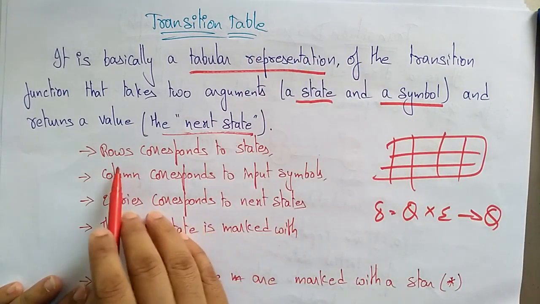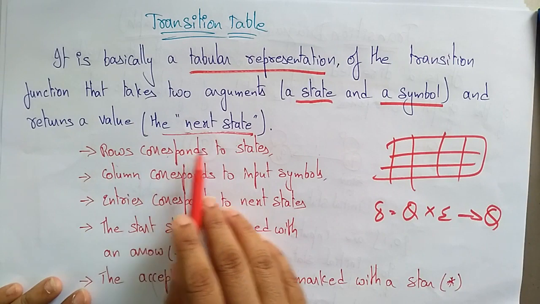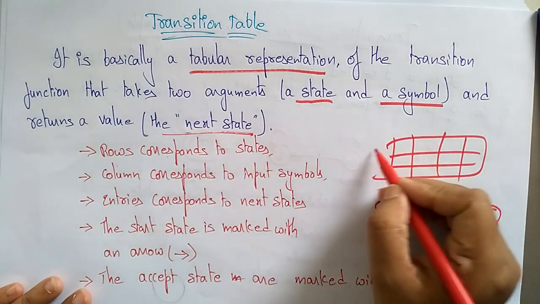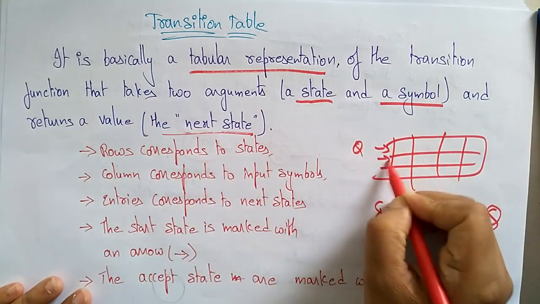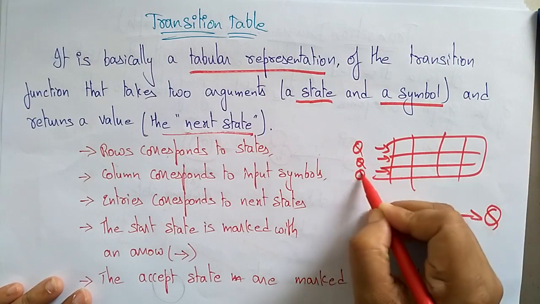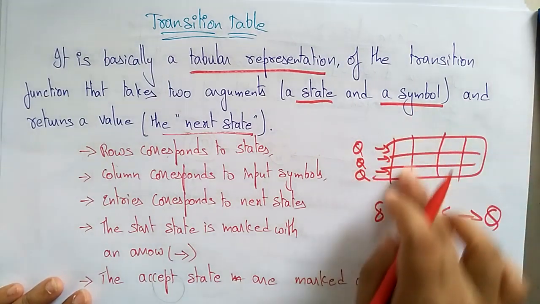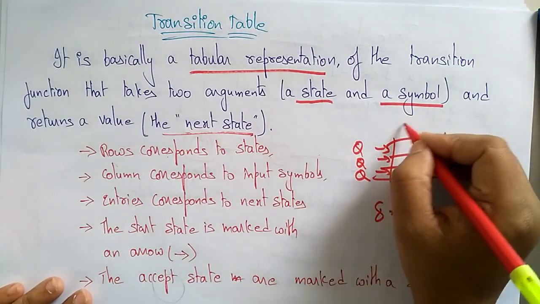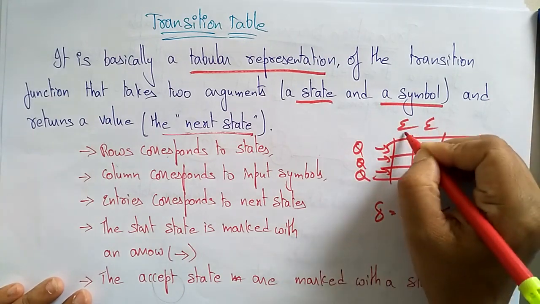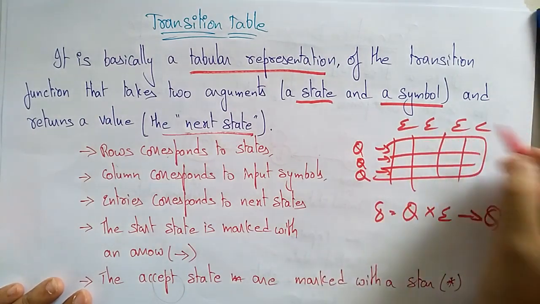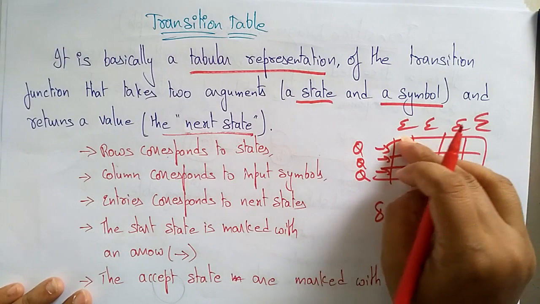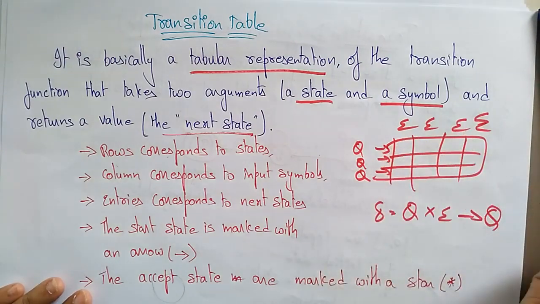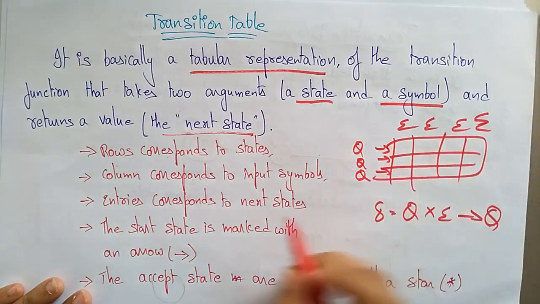Now let's see the transition table. The transition table consists of rows corresponding to the states, and the columns are represented with the input symbols, that is 0 or 1, or A, B, whatever the alphabet is. So the set of symbols is the alphabet.